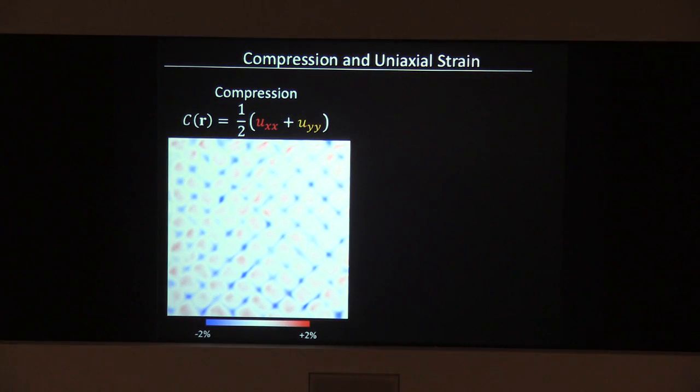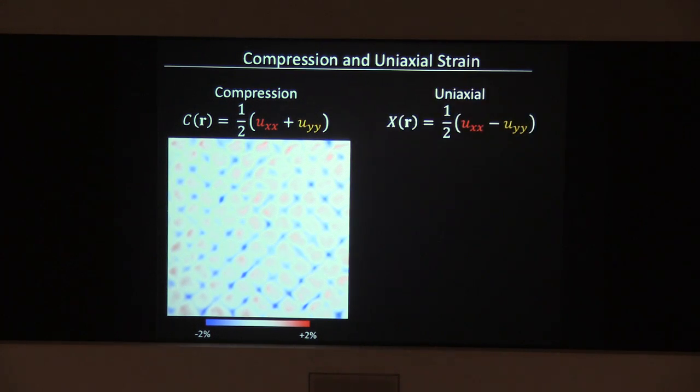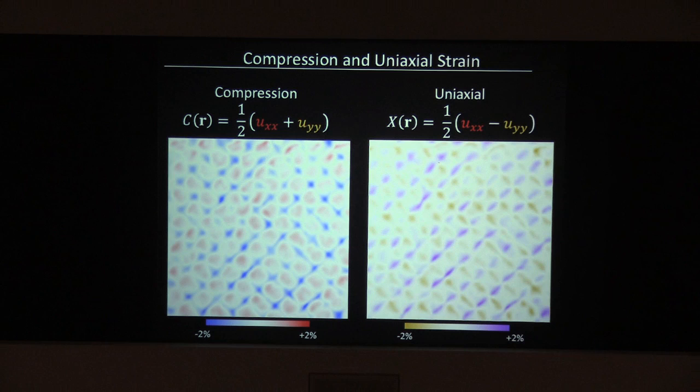Using that, we can look at compressive and tensile strain, and we get our original picture back. But now we can look at uniaxial strain, and there's actually substantial uniaxial strain in this system. By the way, shear strain is very small, so we're going to ignore shear strain. We can now see what the effect of uniaxial strain is.